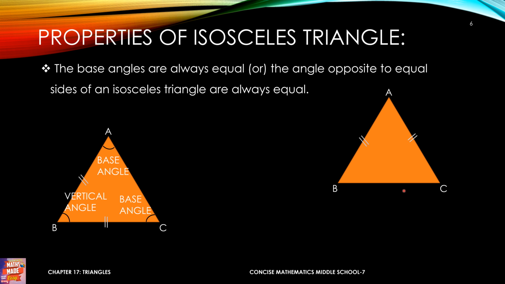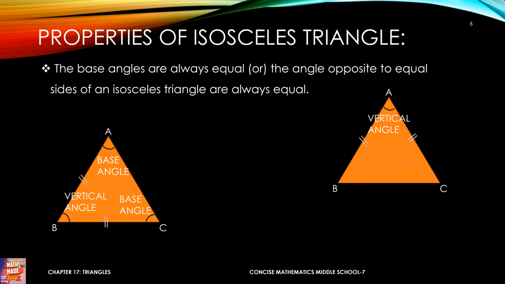BC is the base of the isosceles triangle because it is unequal. So the base keeps on changing depending upon the equal sides, children. Some children will think that always the lower side will be the base. It's not that. Whichever side is unequal, that side will be the base. So here BC is the base, and in the earlier diagram AC is the base.